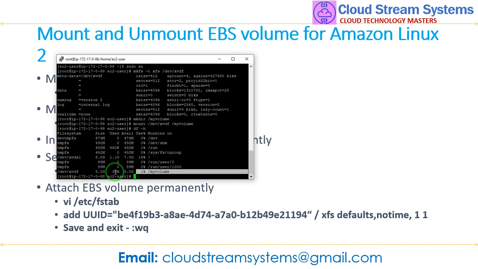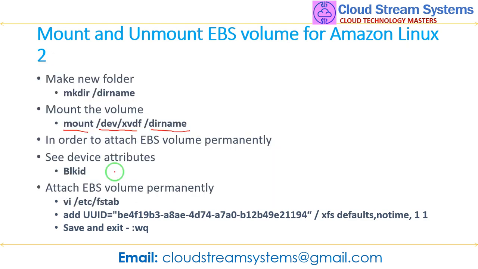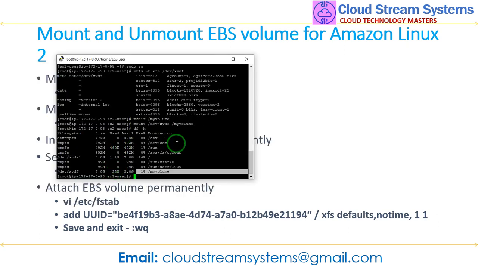So again, when you reboot your EC2 instance, this one may not work. In order to mount permanently, so that it works even after your EC2 instance reboots, you have to perform two additional steps. You have to find out the disk attributes.